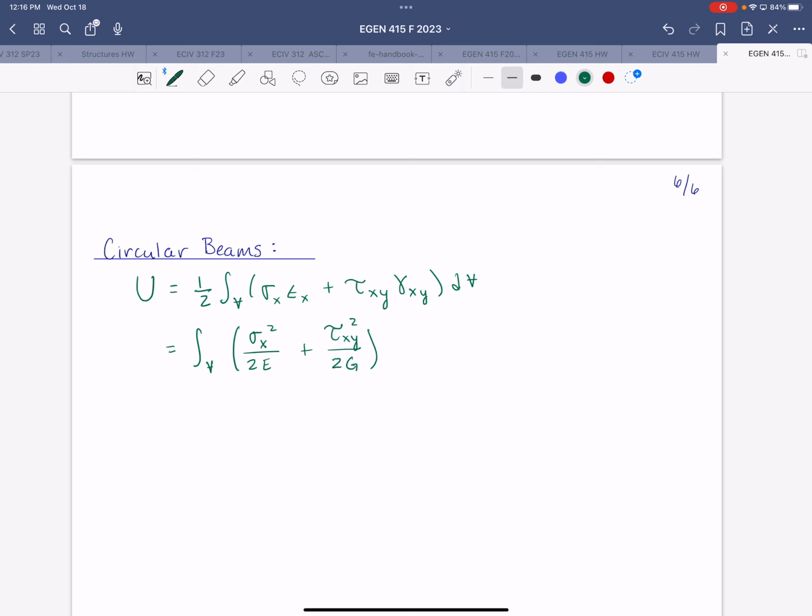And then integrating over the volume, this is where the first substitution related to circular beams comes in. Instead of dx, we're going to have r times d theta. That's the equivalent of dx. And then we'll have dA after that.